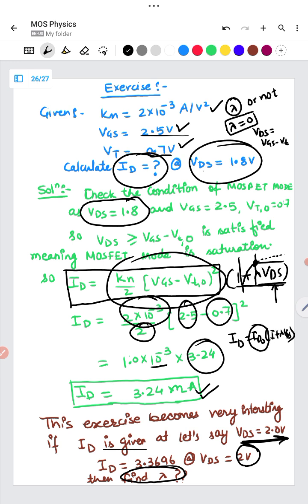ID naught we have just calculated. It is at the pinch-off voltage, that means exactly at VDS equal to VGS minus VT. So you know ID naught, you know ID, which is given at some higher value of VDS. You know the VDS value, which is given as 2 volt. You have to find out only the lambda. Only one parameter is unknown in this equation.